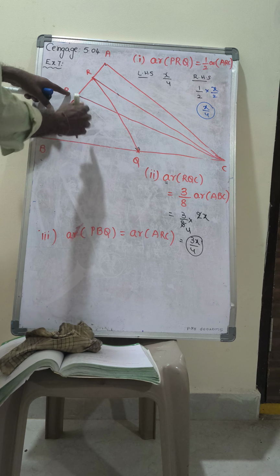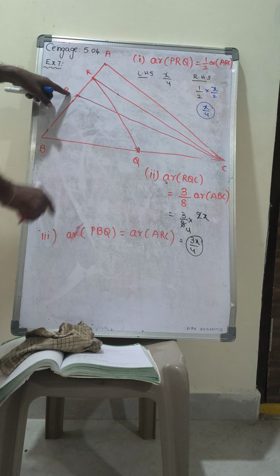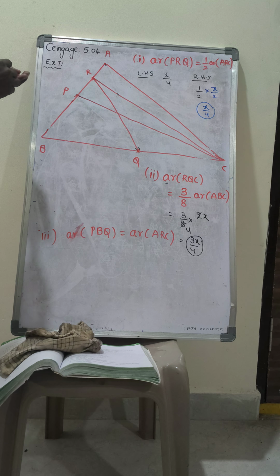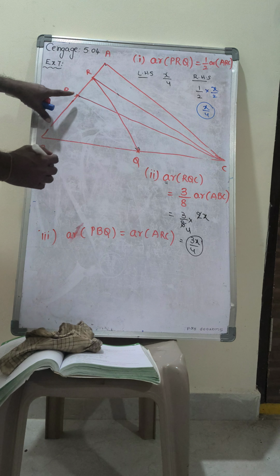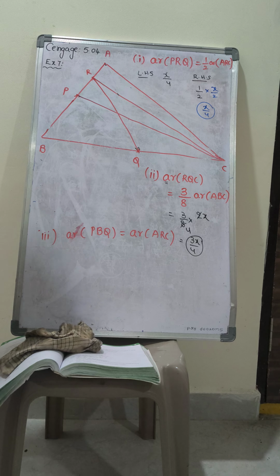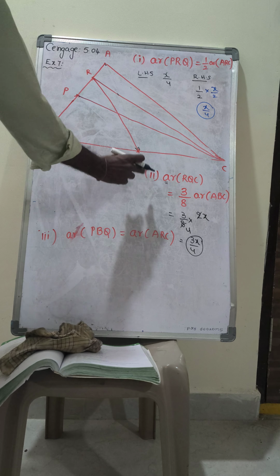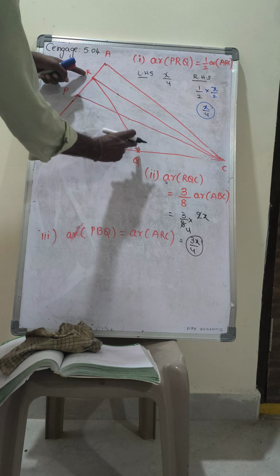It is a midpoint. So PC is the median. So can you tell me what is the area of this total? Okay, this area will be X.